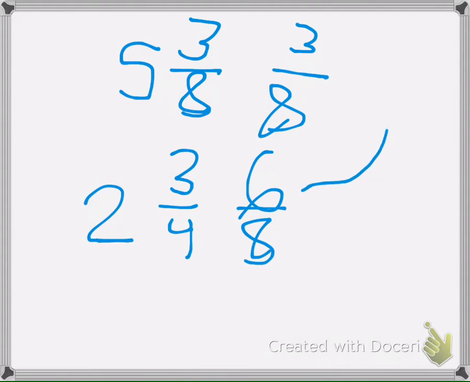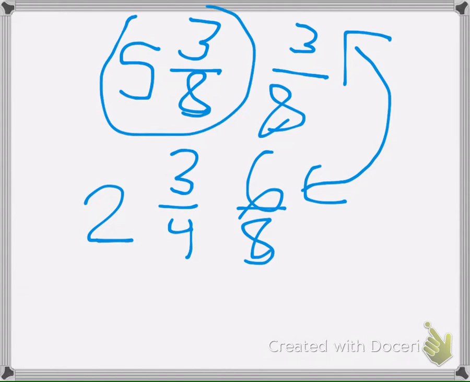But wait! You can't do that. 6 is bigger than 3, and you can't subtract 6 from 3. So, since this number is bigger, we need to borrow from the 5 and bring the 1 to fraction land, which is 8/8.